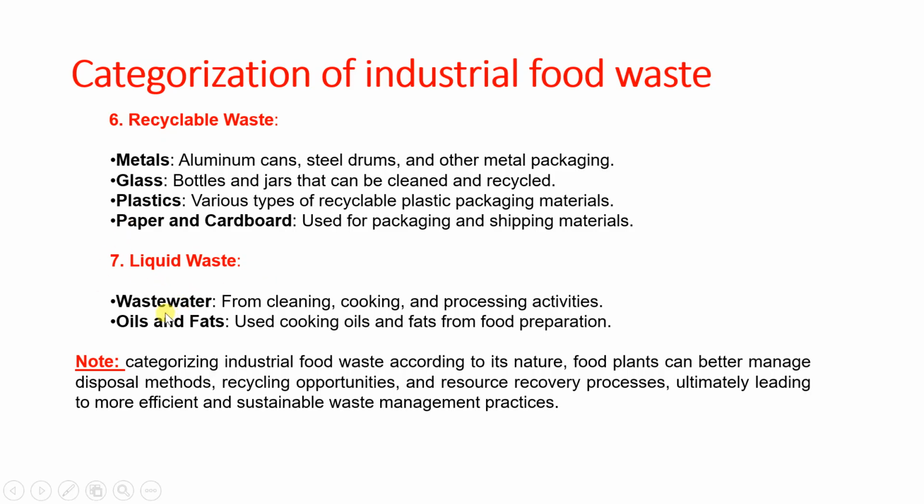In liquid waste, we often have wastewater, oils, and fats, for example wastewater from cleaning, cooking, and processing activities, and used cooking oils and fats from food preparation. Note: by categorizing industrial food waste according to its nature, food plants can better manage disposal methods, recycling opportunities, and resource recovery processes, ultimately leading to more efficient and sustainable waste management practices.